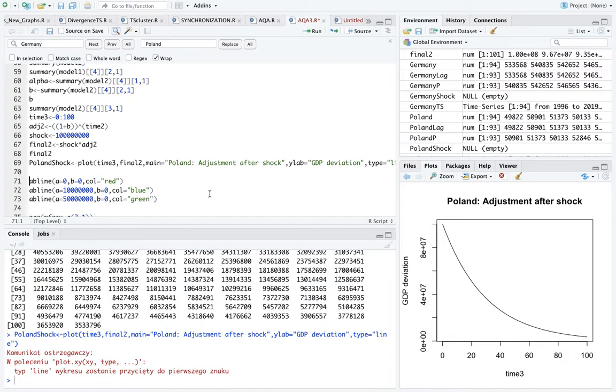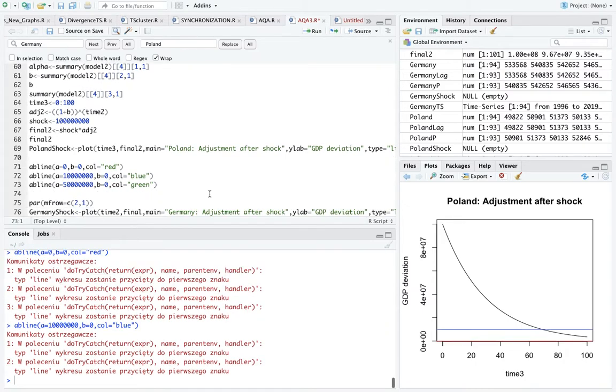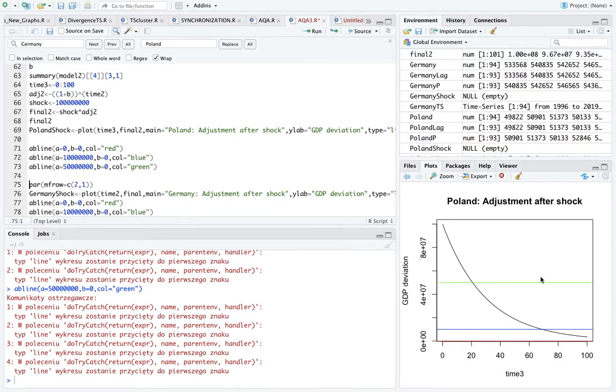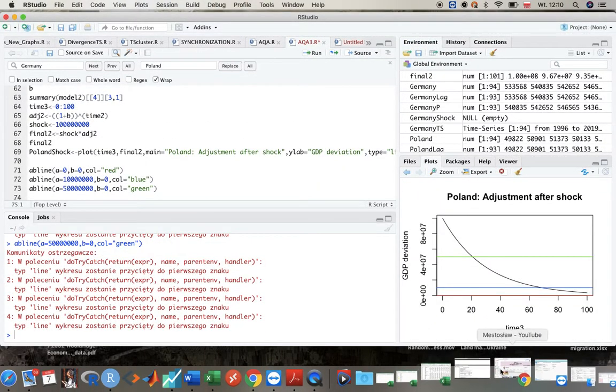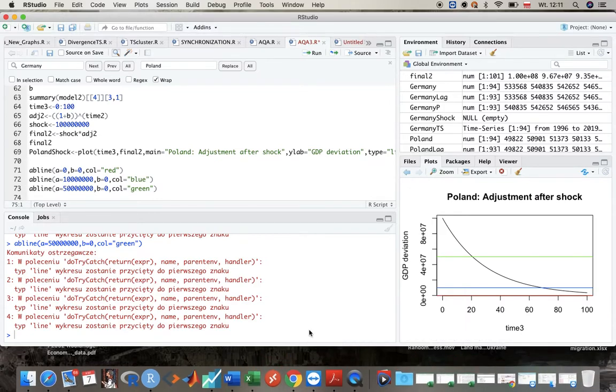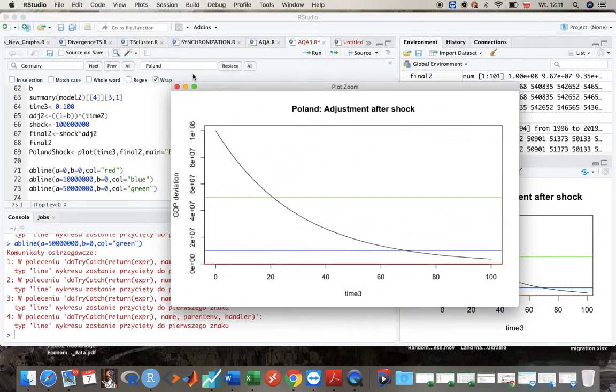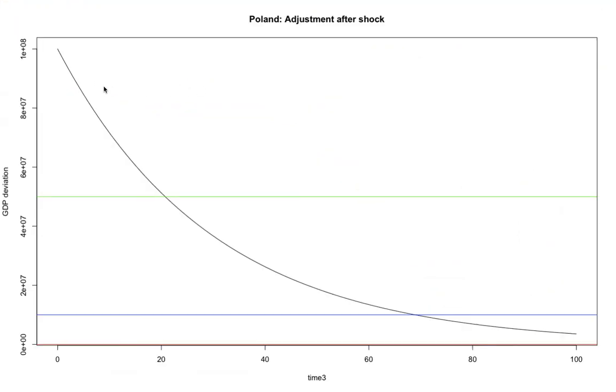Oh, and look what we see over here. The complementary function goes back to equilibrium way slower, so it dies out slower.